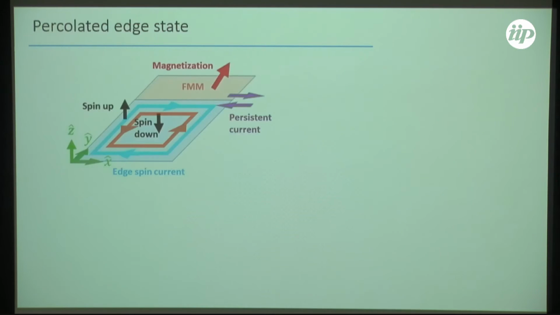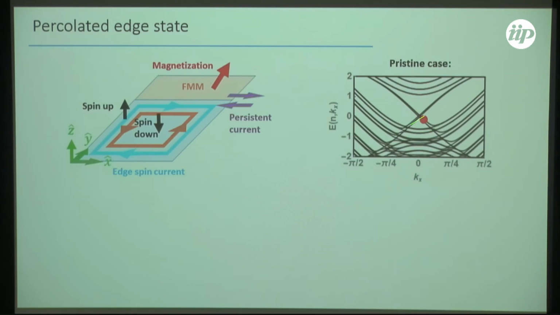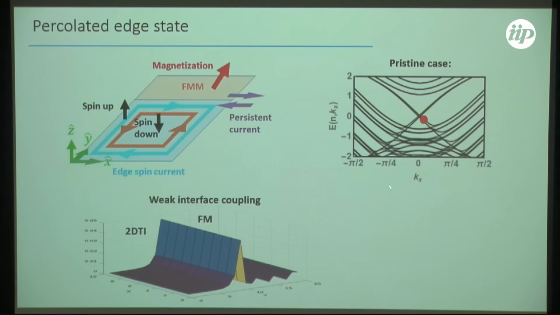For now, let's focus on the pristine situation that I was showing you. At least here, you can still identify by hand that, look, this is still my Dirac cone, and this is still my edge state. So the edge state still survives in this kind of topological insulator and ferromagnetic metal junction. Nevertheless, what is interesting is that if you look at the wave function of the state that you identify at the Dirac cone, you see that the edge state percolates into the ferromagnet.